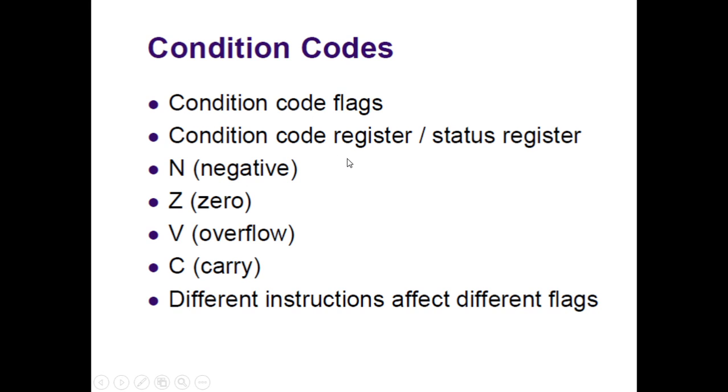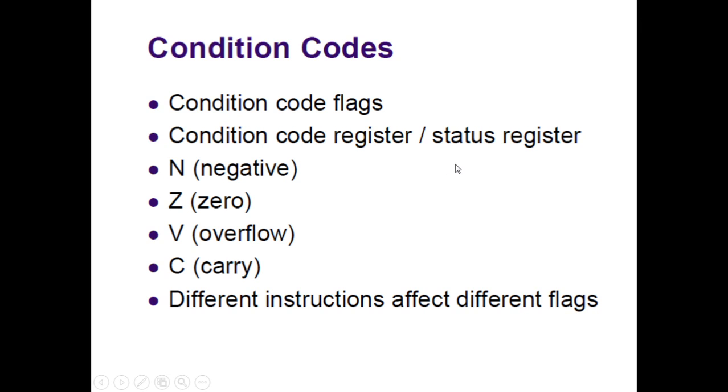This condition code register or our status register, both are the same. The condition code register or the status register indicates the current status of our processor, or the current status after executing a particular instruction.